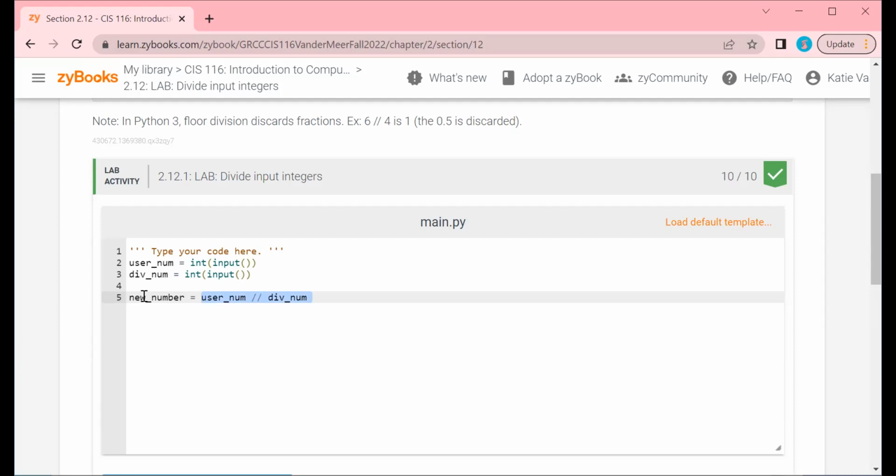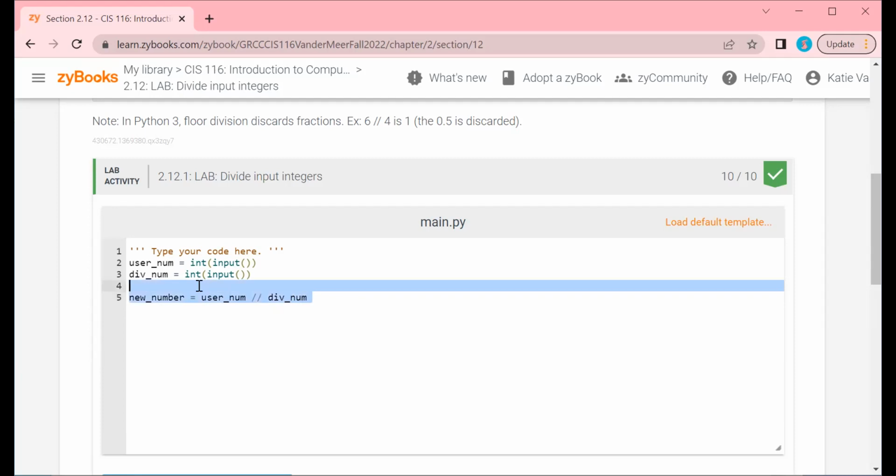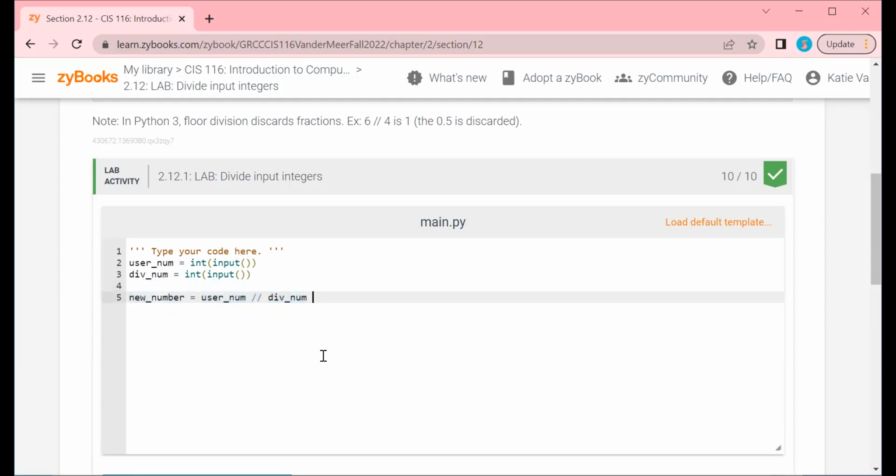In the example I showed you, I reuse user num, and then it says do it 3 times. I don't want to copy, because I wanted to go back to my original code, so let me grab a notepad real quick so I don't lose what my original code was.